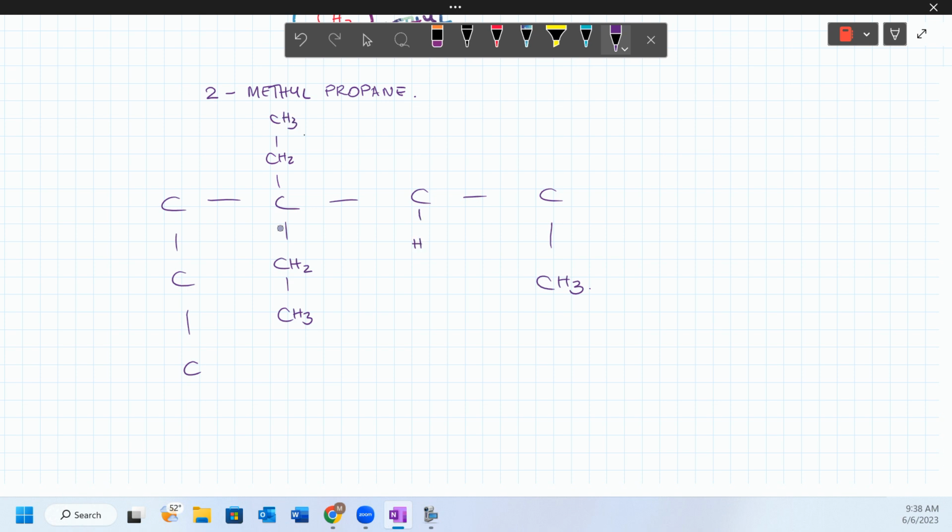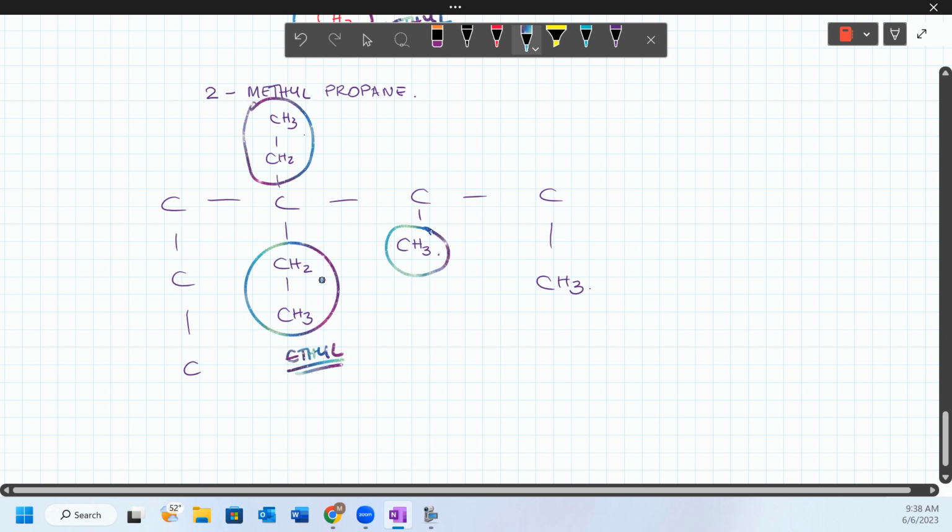And then we have another one here at CH3. So now, as you see it here, we have three branches. We have one branch on this position, one branch on this position, and one branch on this position. Those two are both the same one, ethyl.